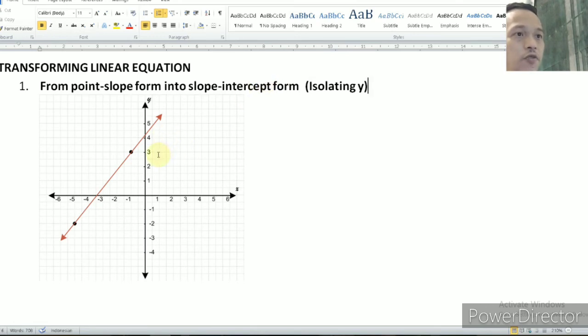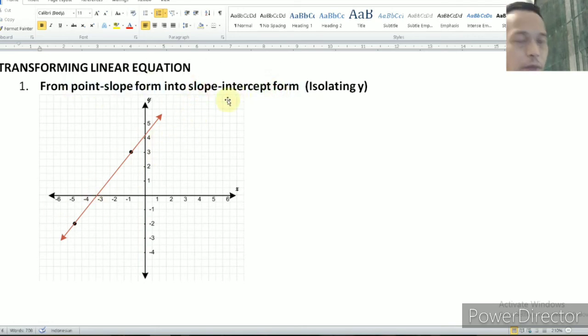Why? Because if you use the slope intercept form, you need to find the exact value of the y-intercept. Since this is the graph, and look at this, you cannot clearly detect the exact value of the y-intercept. It's not visible. Therefore, it's not wise to use the slope intercept form. Instead, we use the point slope form to figure out the equation.